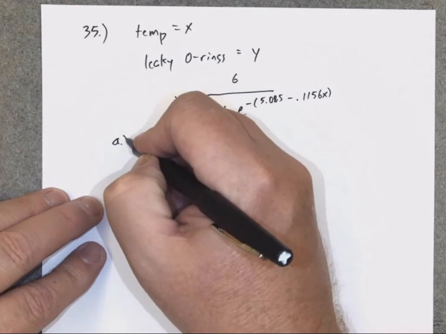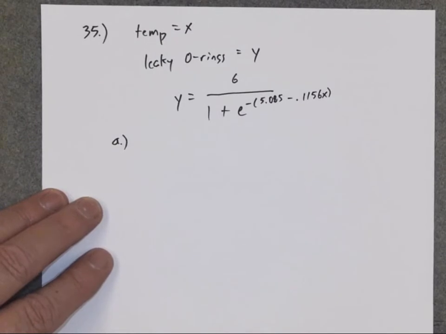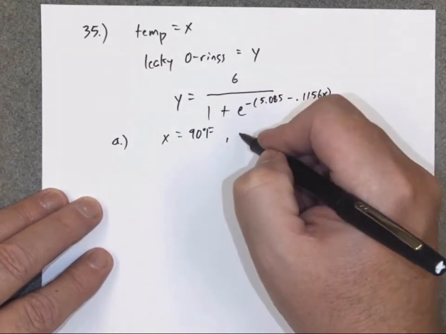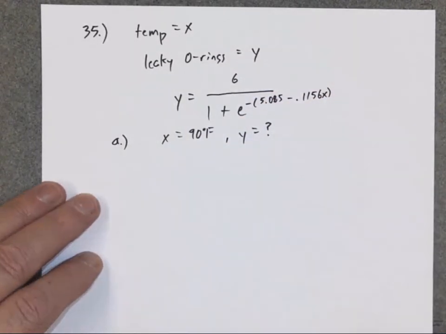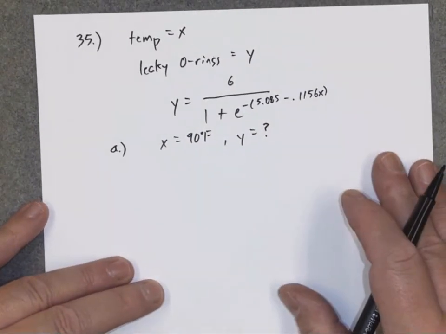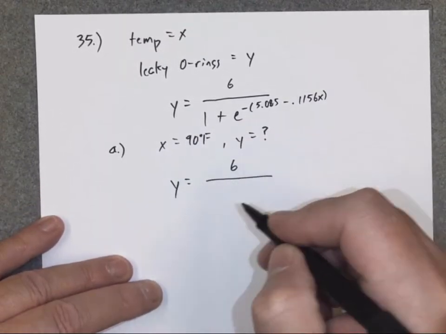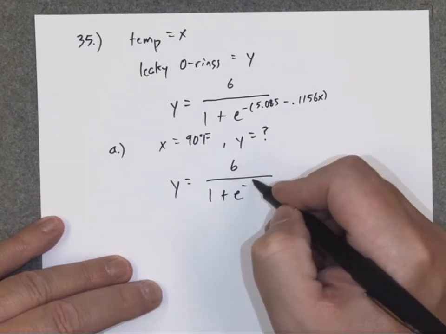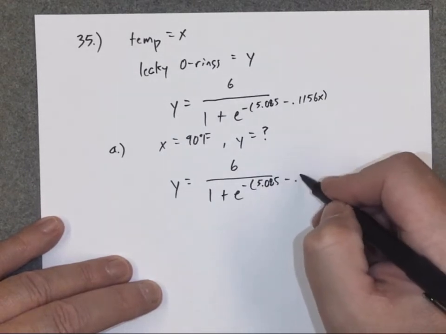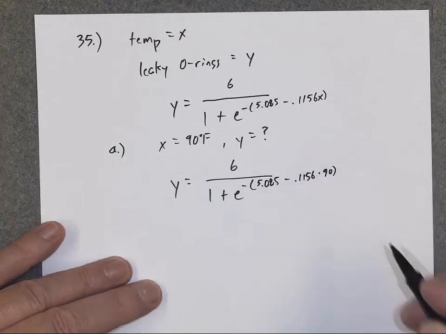So part A, what is the predicted number of leaky O-rings at a temperature of 90 degrees Fahrenheit? So I'm going to plug in 90 degrees Fahrenheit and say, what is Y? So basically it just becomes sort of a nasty calculation. 6 over 1 plus e to the negative 5.085 minus 0.1156 times 90.